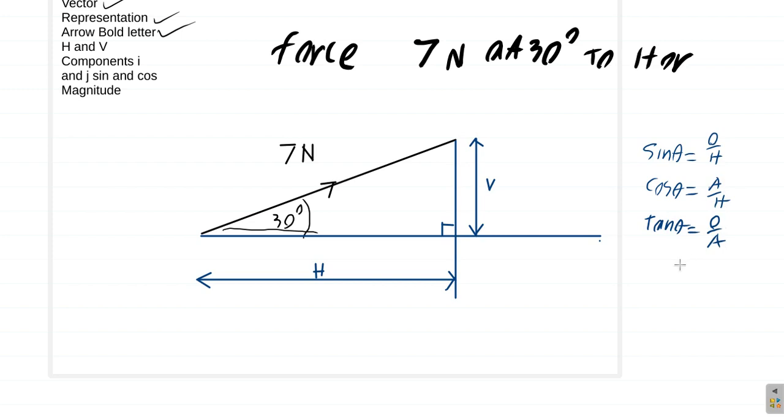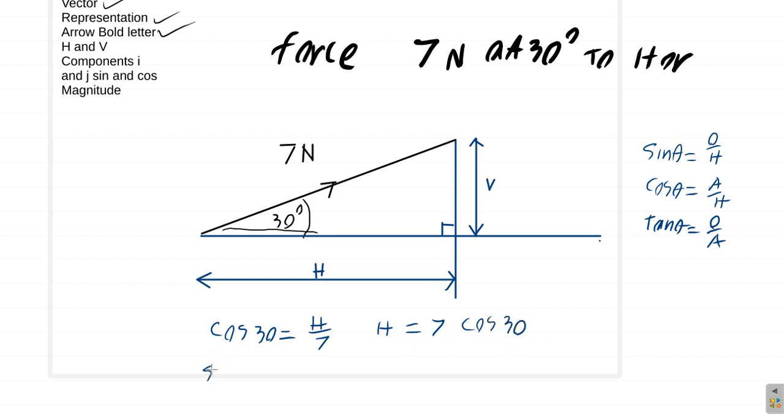You should remember those. Suppose you have cos 30 equals adjacent over the hypotenuse, 7. So the horizontal component H would have been 7 times cos 30.